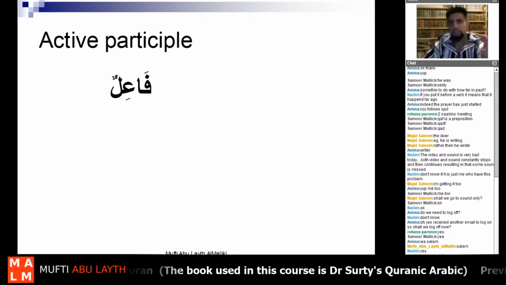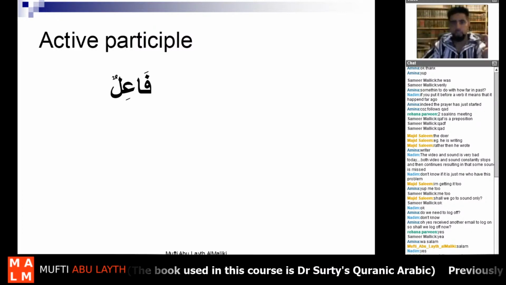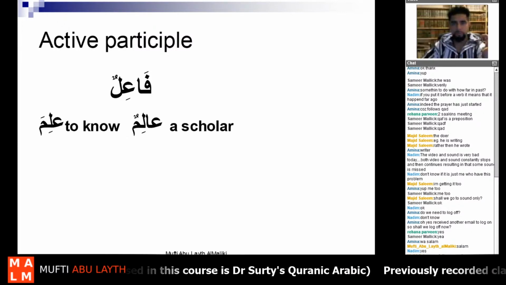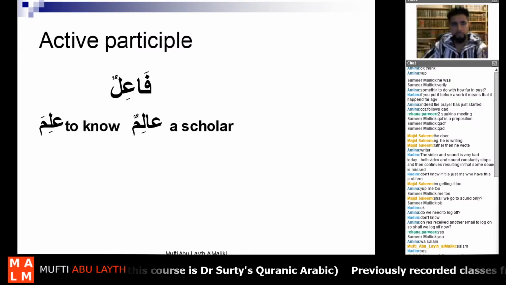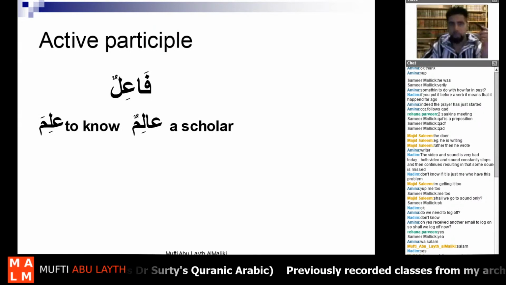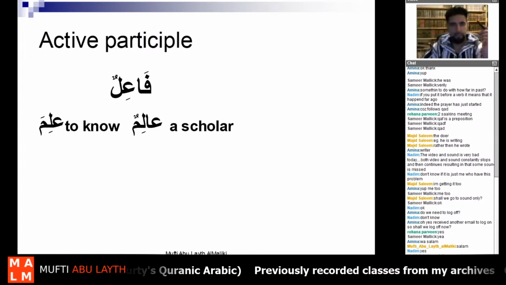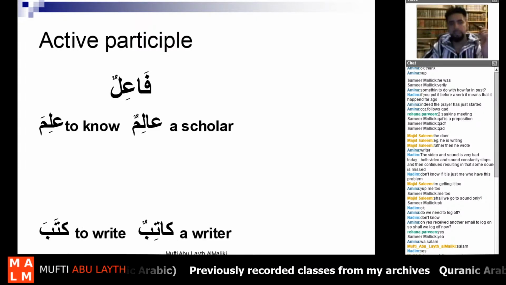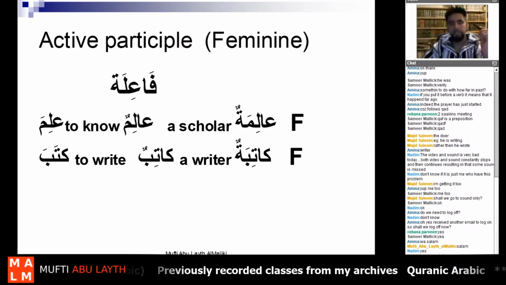You can construct the active participle, the doer of that verb. This is just a recap really. Alima, to know, alimun, the scholar; kataba, to write, katibun, a writer. The feminine was simply to add the ta marbuta right at the end.